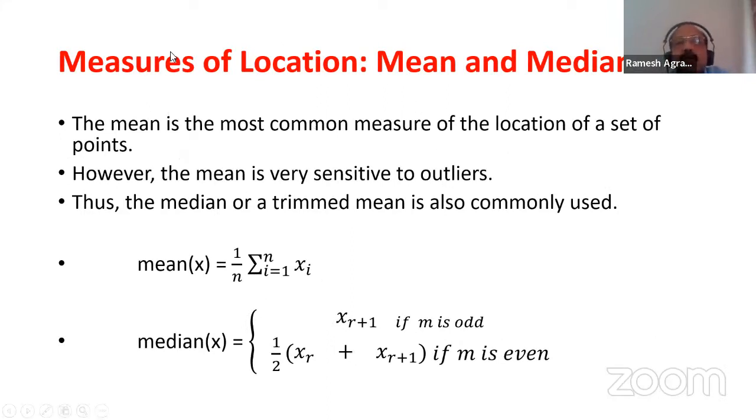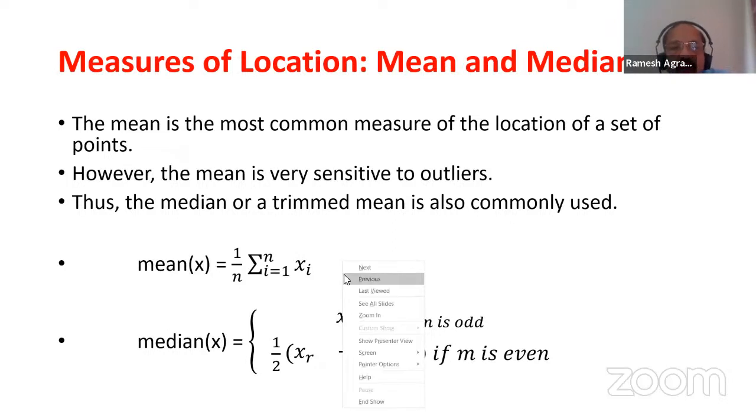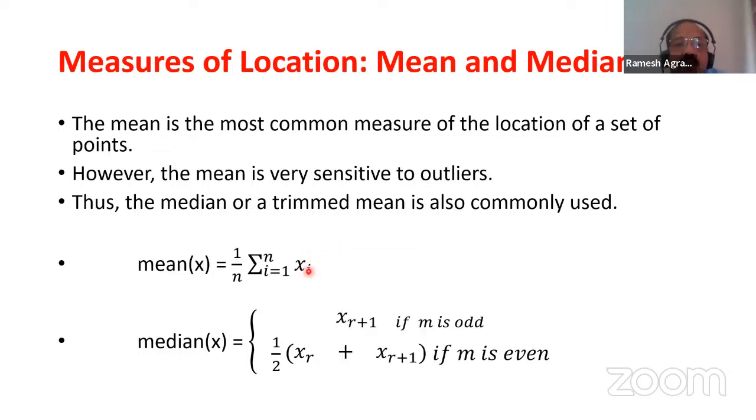So I think you all must know what the mean is. The mean is nothing but, if you are given data having values X1, X2, X3, up to Xn, and you want to find out the mean value of the data, you sum X1, X2, X3, up to Xn and divide by n. That will give you the mean value.